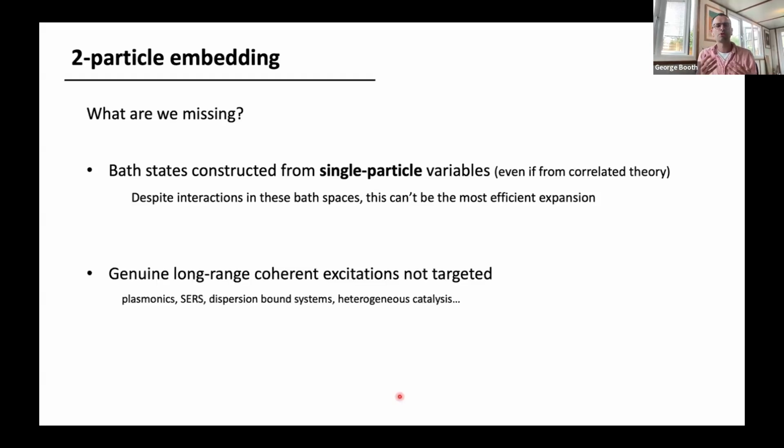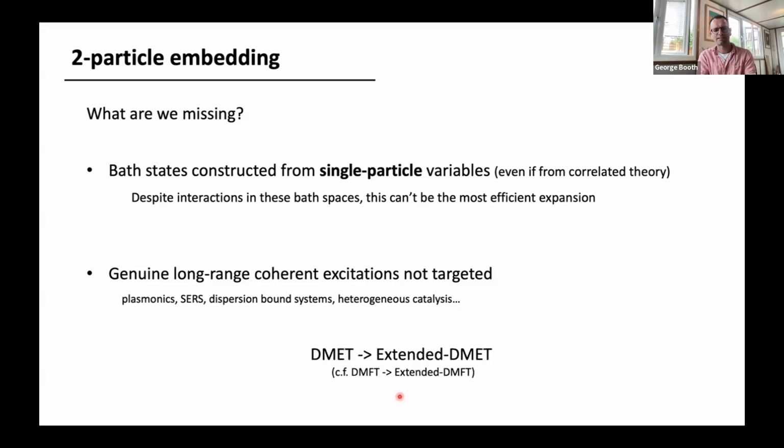So we're not able to describe in this local framework something like genuine long-range coherent many-body excitations, things like plasmons, things like dispersion-bound systems, and they're going to be really critical to think about longer term.